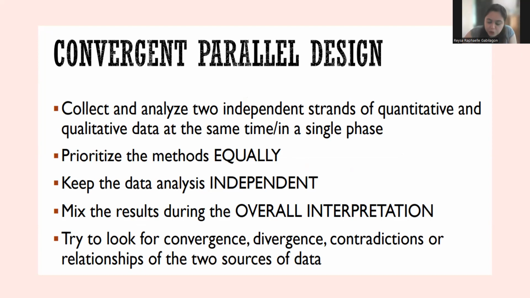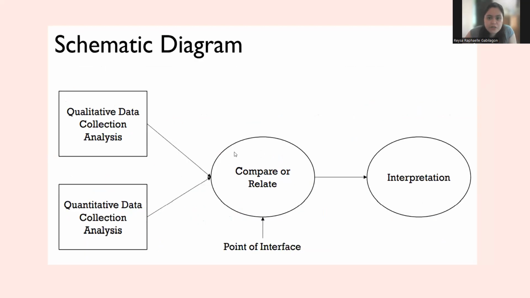So, the two data class na mako-collect mo, linguistic and numerical data, will be treated equally but they are independent from each other. You will just mix the results of both quanti and quali doon na sa overall interpretation mo. Wherein you are going to try to look for convergence or divergence, yung mga magkapareho na result doon sa questionnaire and sa interview mo, or saan ba sila nag-contradict or may relationship ba yon.